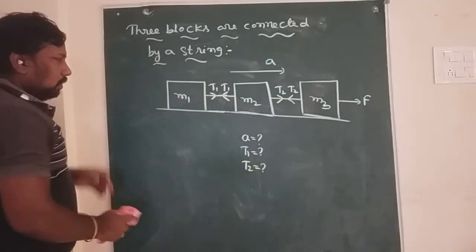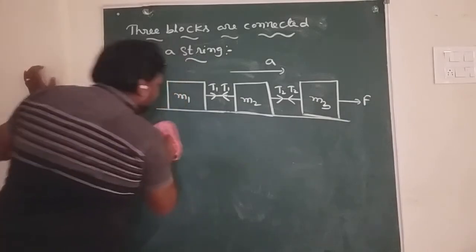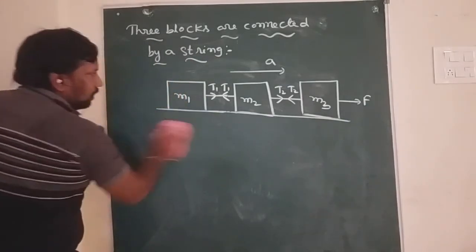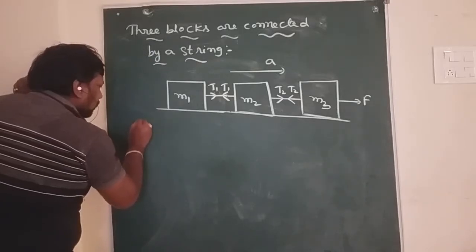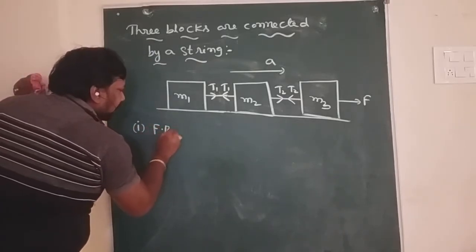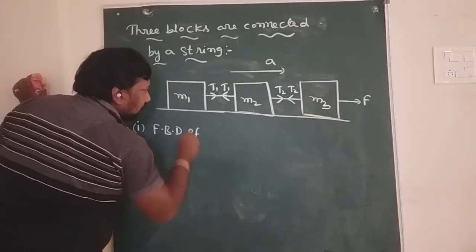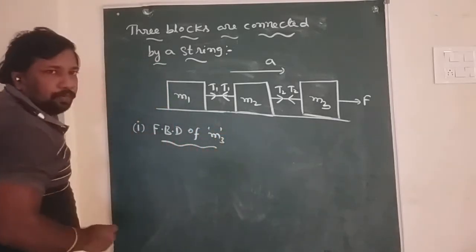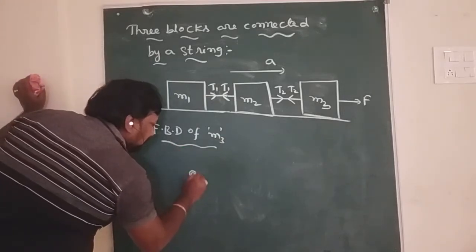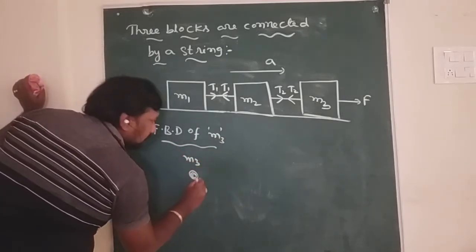Okay. Now free body diagram of M3 block. So now this is the M3 block.